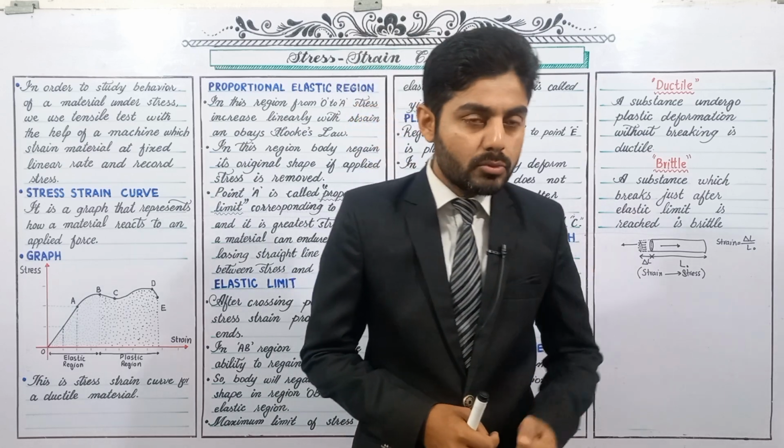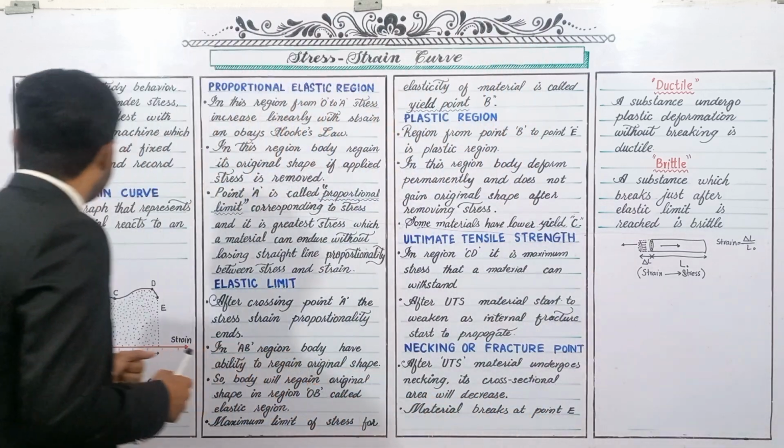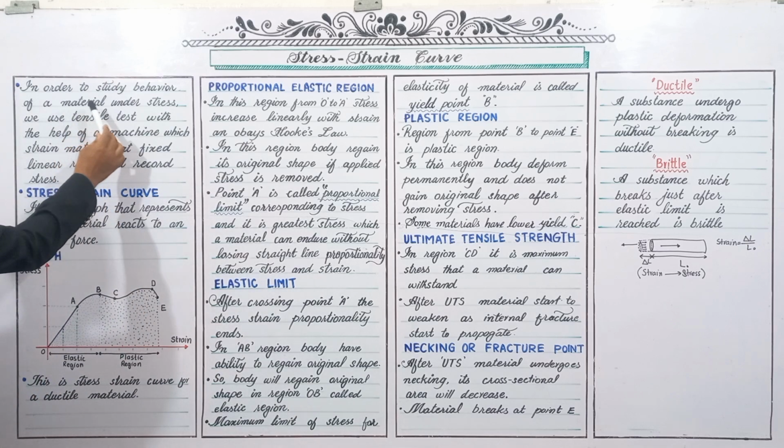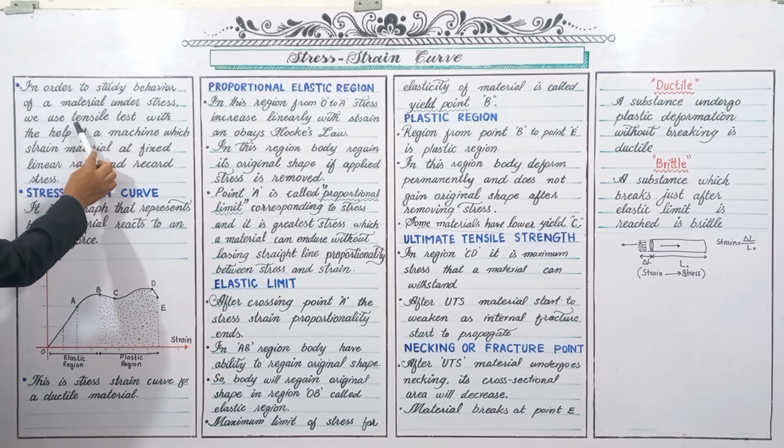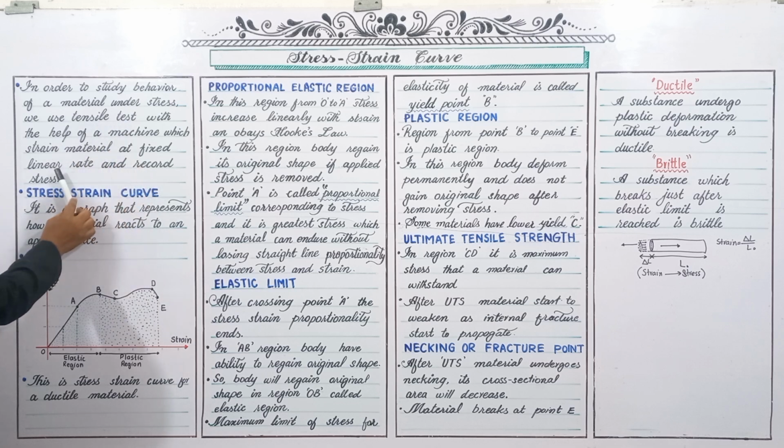Okay, so I have written here, in order to study the behavior of a material under stress, we use a tensile test with the help of a machine which strains the material at a fixed linear rate and records the stress. So we obtain a stress strain graph like this from the screen of the machine. Okay, so I have mentioned the stress strain curve.